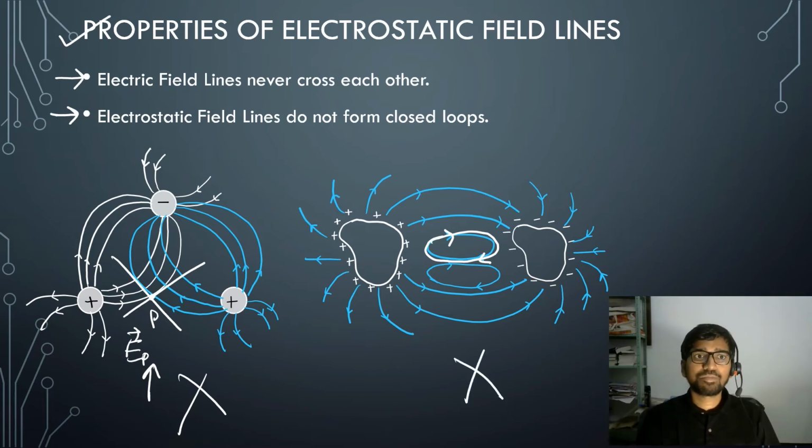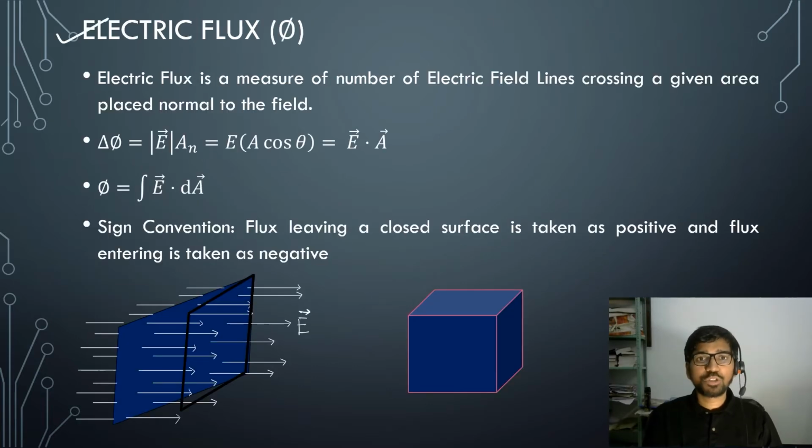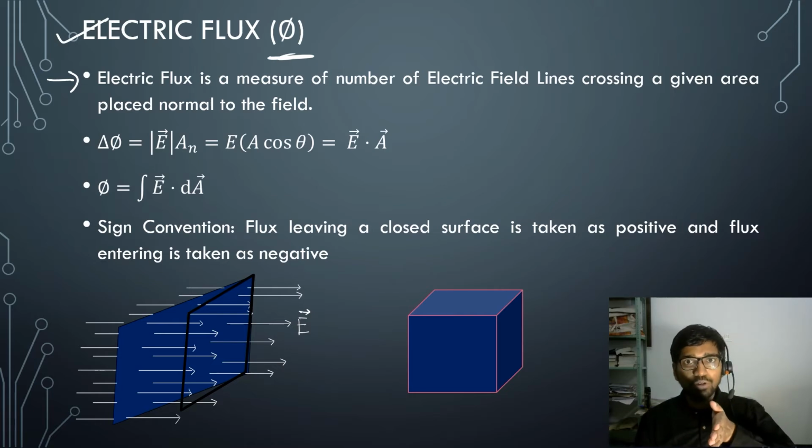Fine. Electric flux, which is represented by this letter phi. Electric flux is a measure of the number of electric field lines crossing a given area, which is placed normal to the field. It is a scalar quantity which is proportional to the number of field lines crossing a given cross-sectional area. And if the given cross-sectional area is not normal to the field, we take the component of area which is normal to the field.